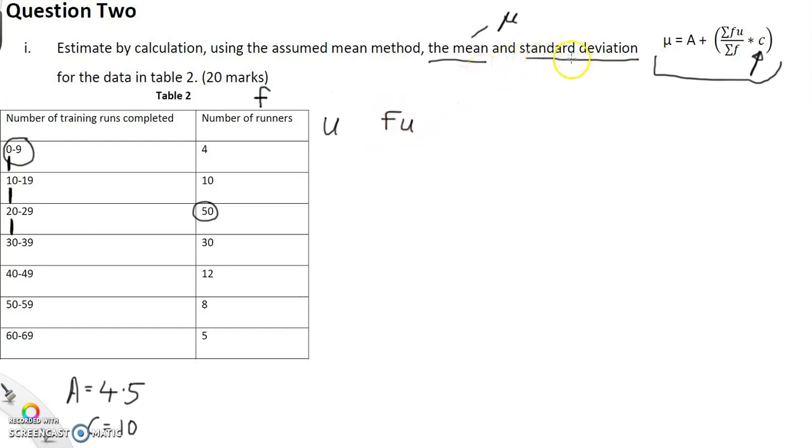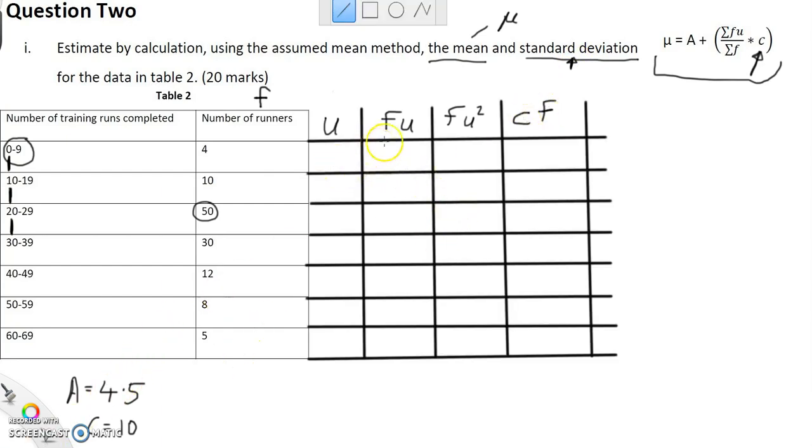For the standard deviation, you'll see on this exam paper that part of the formula uses FU squared. And finally, for later in the question, we'll need the cumulative frequency, CF for short.